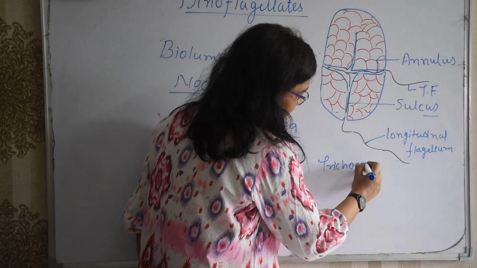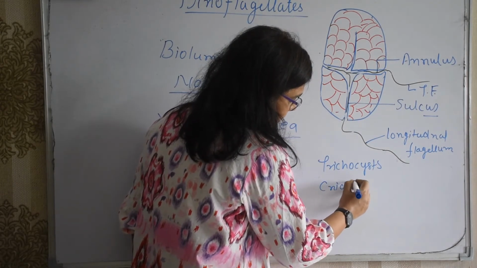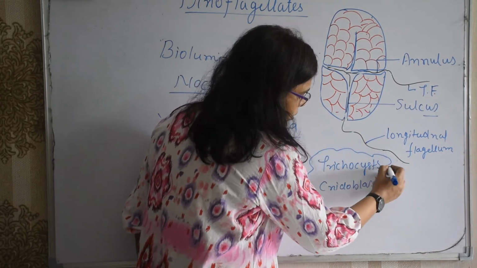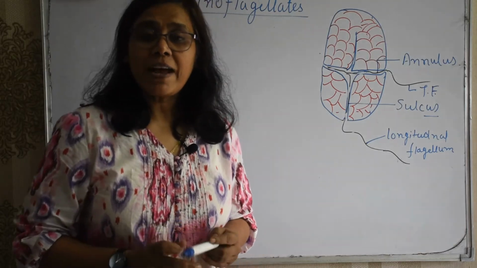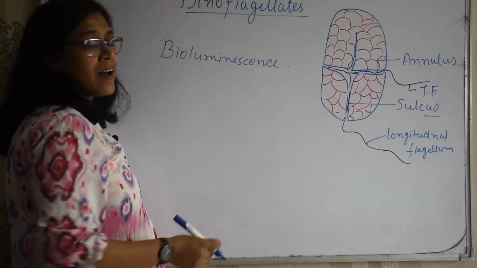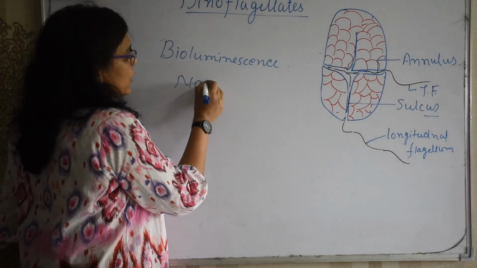Some dinoflagellates possess trichocysts and cnidoblasts. These structures are characteristics of coelenterates. Some dinoflagellates show bioluminescence. An example of a bioluminescent dinoflagellate is Noctiluca.